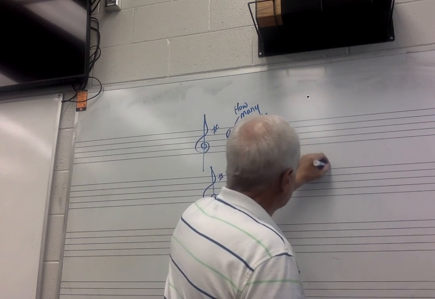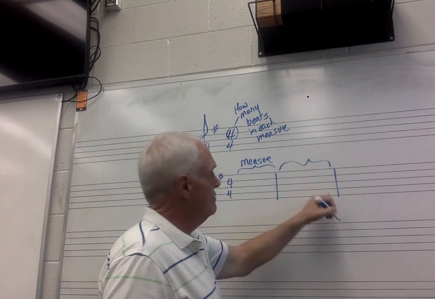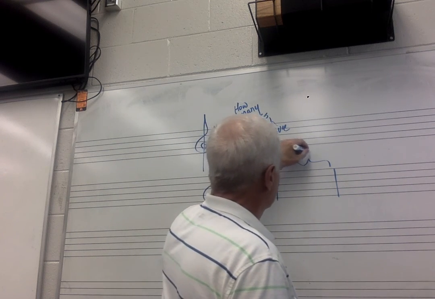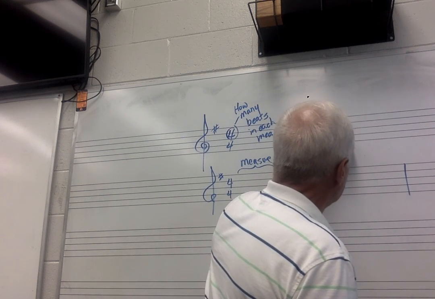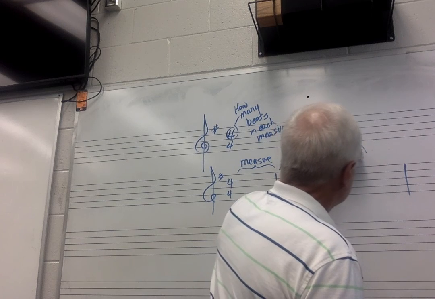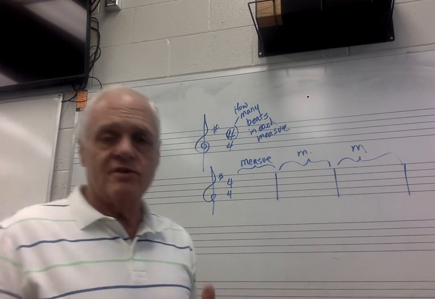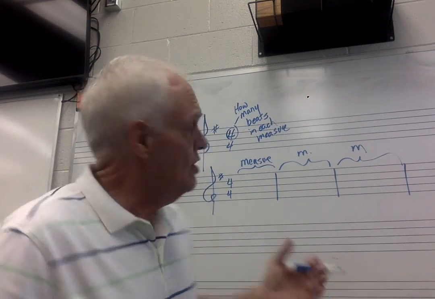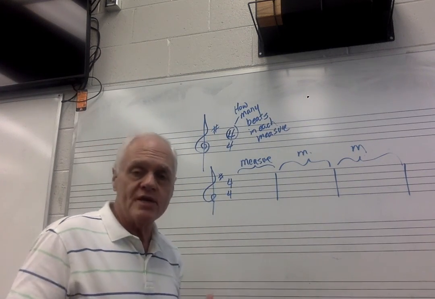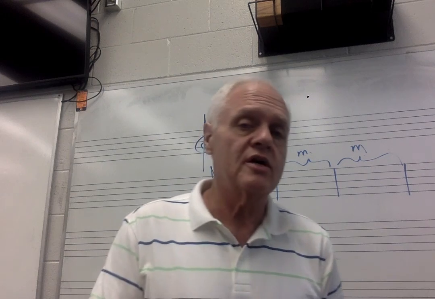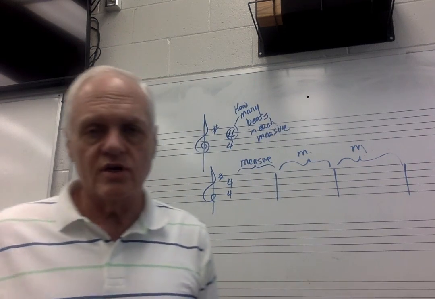From here to the next bar line, it's a bar line. To the next bar line is a measure. From here to here is a measure. That's how that works. So this tells us how many beats each measure gets, and it'll get exactly that many beats. So in 4/4 time, there are 4 beats per measure. 1, 2, 3, 4. 1, 2, 3, 4.